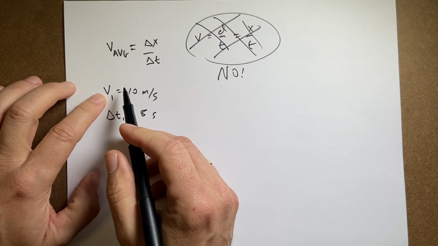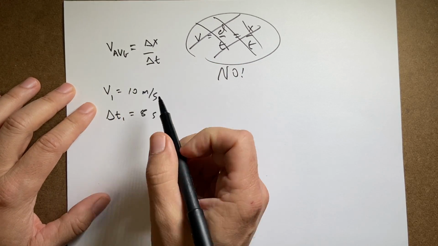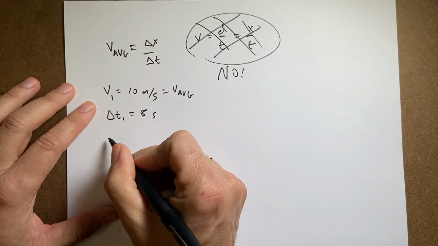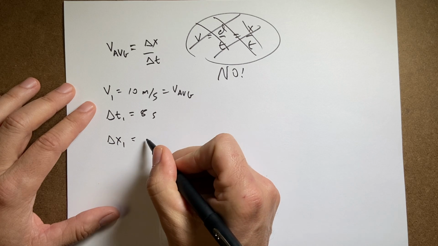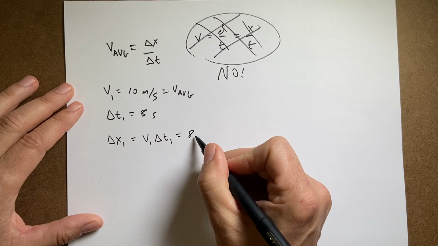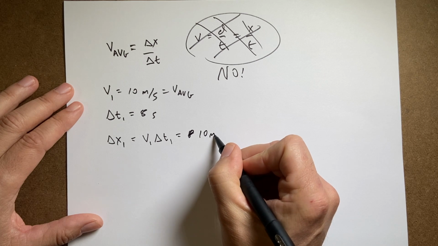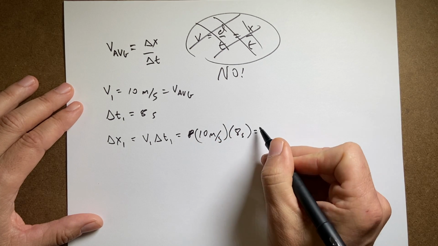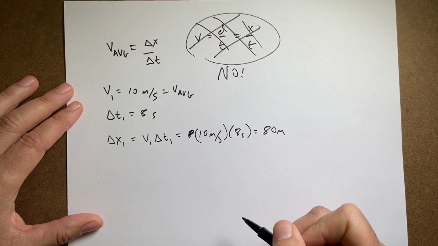The average velocity is the velocity. It doesn't change. So this is v average. So now I can solve for delta x. Delta x1 is going to be v1 delta t1. So it's going to be 10 meters per second times 8 seconds equals 80 meters.